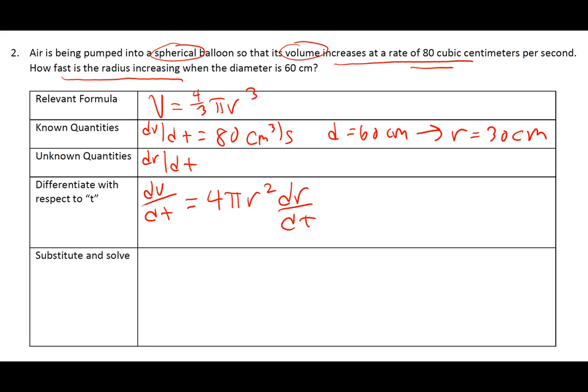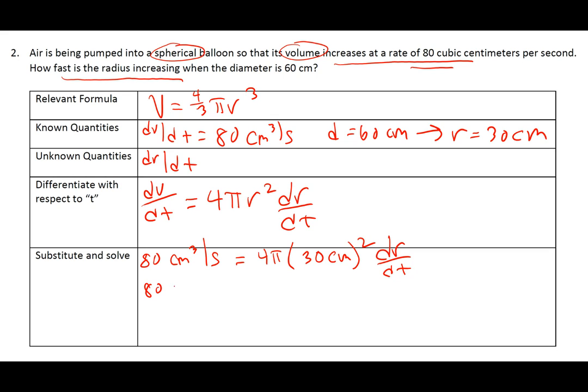So in terms of solving now, dV/dt is equal to 80 cubic centimeters per second. And that's going to be equal to 4 pi times r squared and dr/dt. Remember, we're trying to solve for dr/dt.